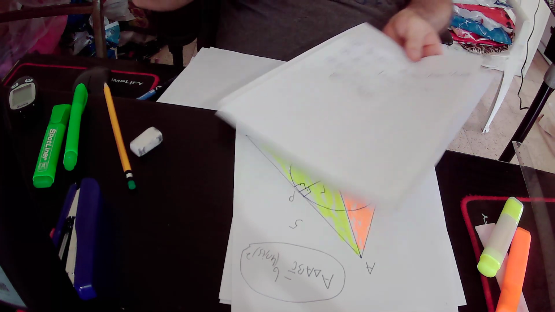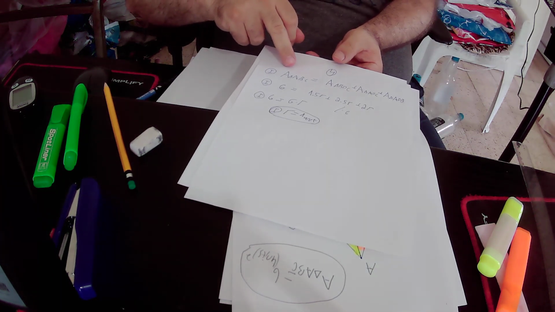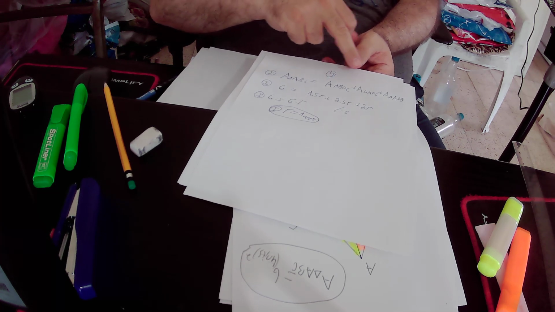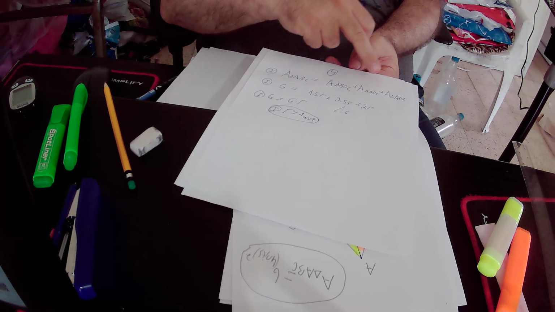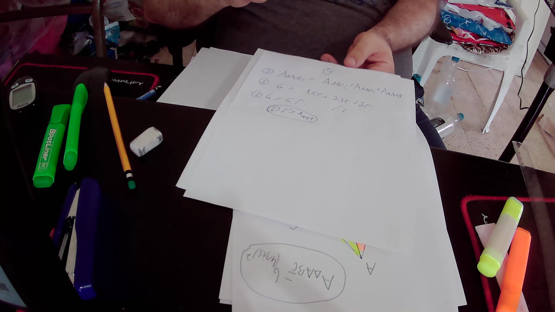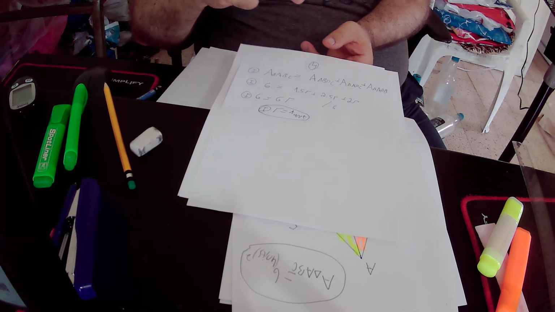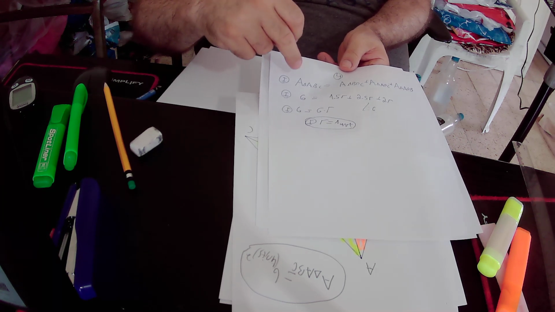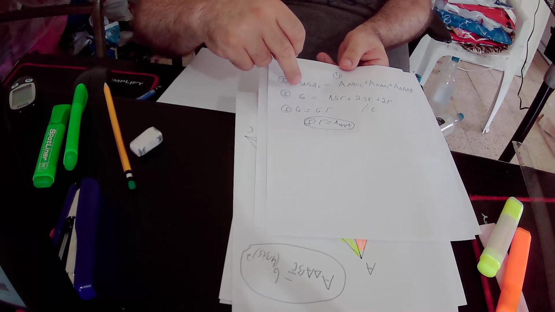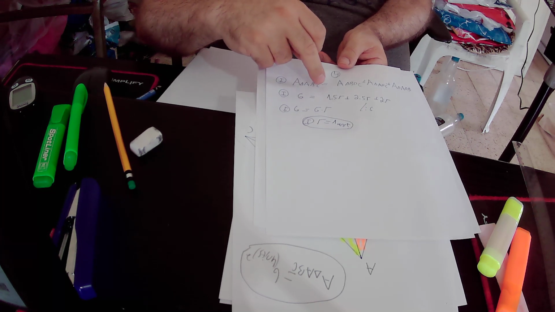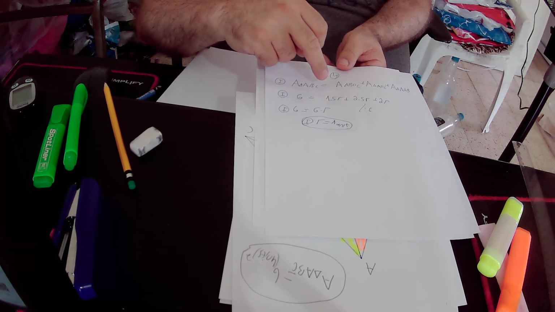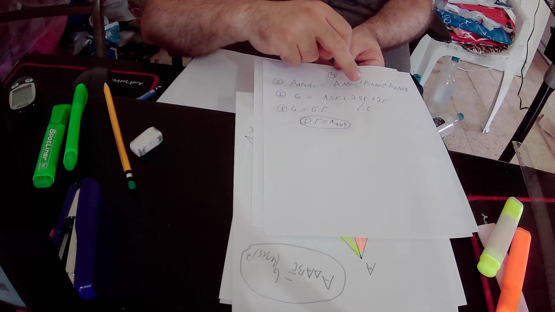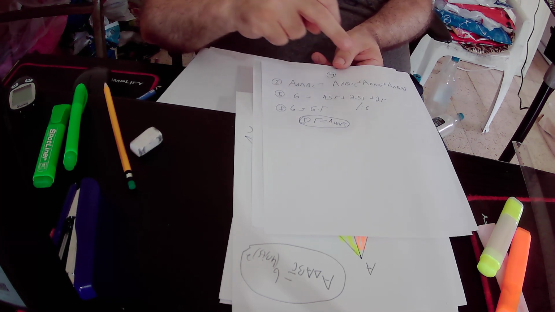But we know from the question itself that the area of the big triangle ABC equals 6 units squared, and we already calculated the areas of the green triangle, the yellow triangle, and the orange triangle.